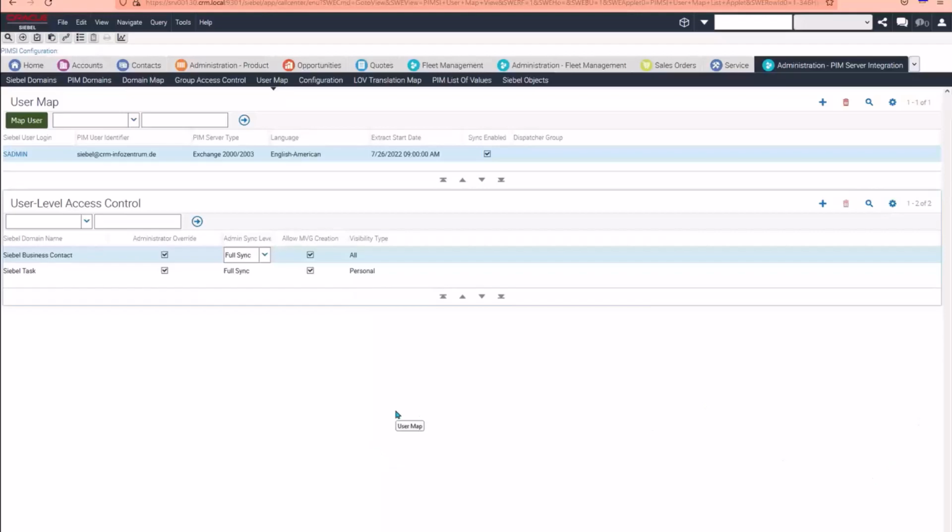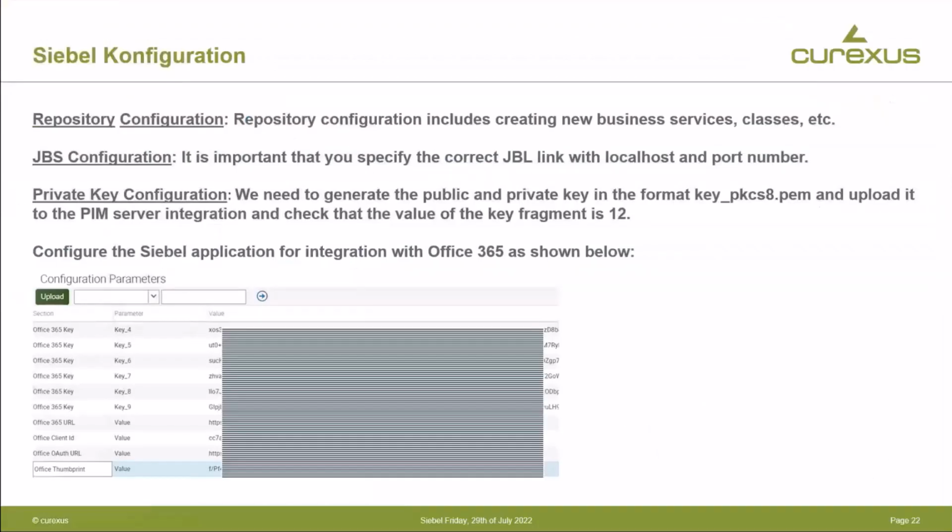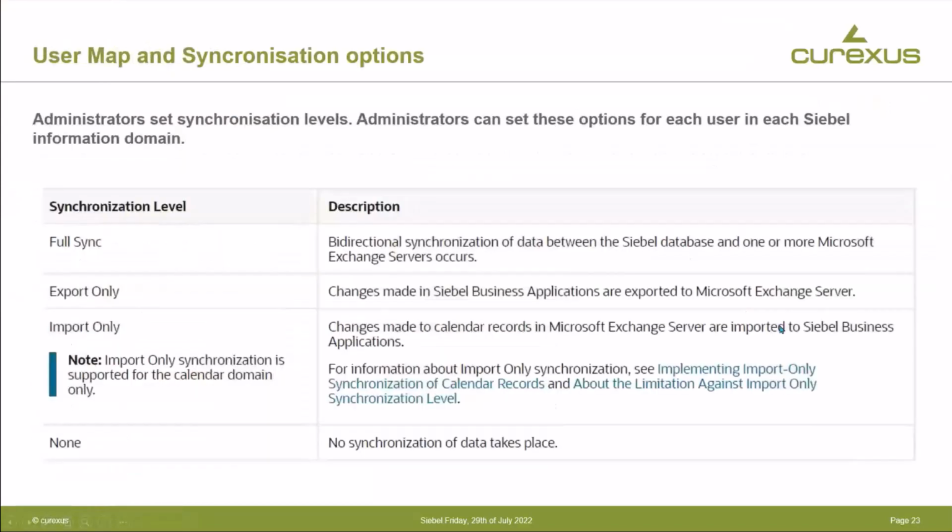I think on the next slide I have this. So, user map and synchronization options. Here you can set what you want. The synchronization level: full sync, export only, import only.